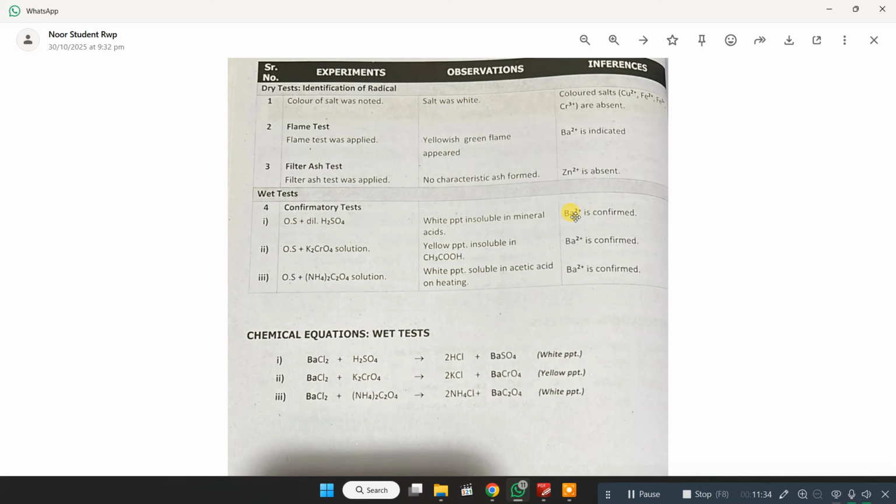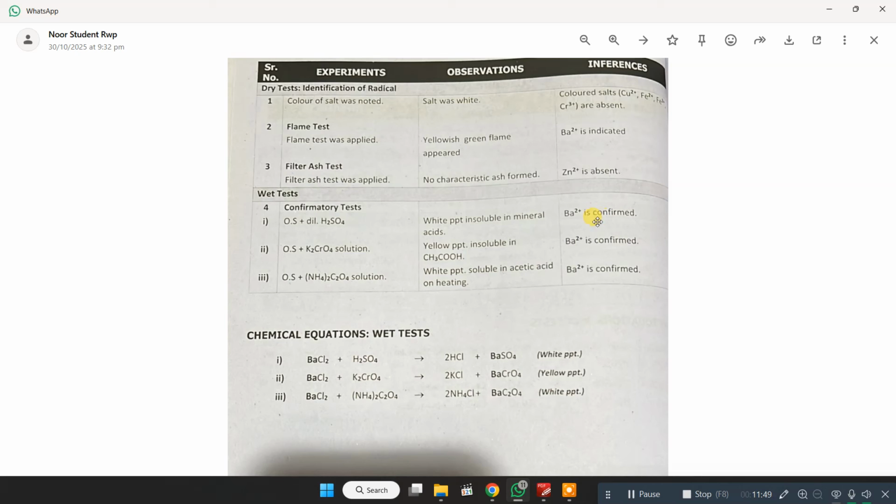But keep in mind, we also performed the flame test on barium and calcium. When the flame color is yellowish green and a white precipitate from the dilute sulfuric acid is obtained, then barium is confirmed.